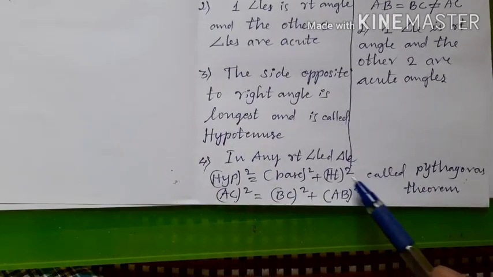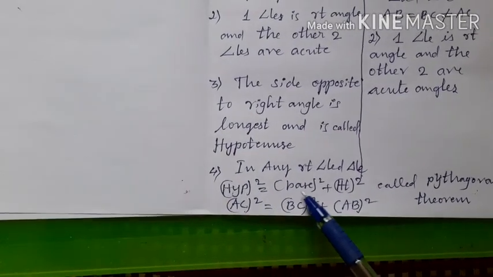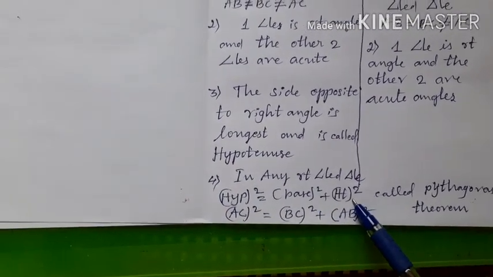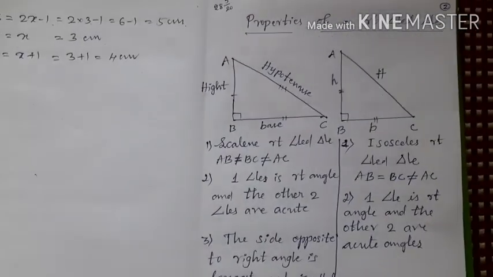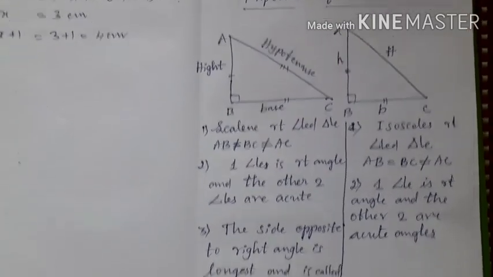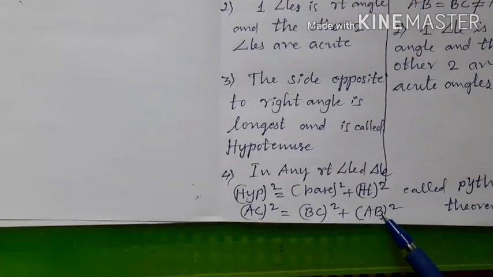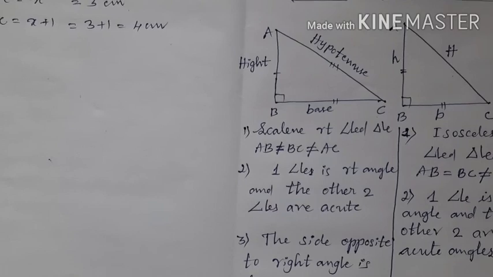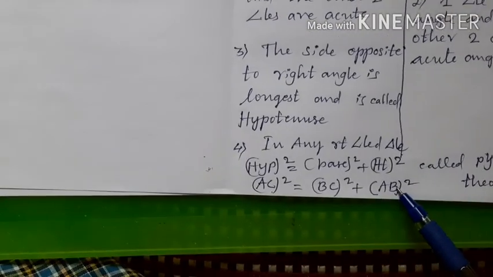That is, in any right angle triangle, hypotenuse square is equal to base square plus height square. Here hypotenuse is AC, therefore AC square. Base is BC, therefore BC square. And height is AB, therefore it is AB square.